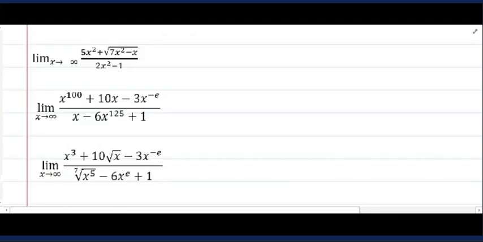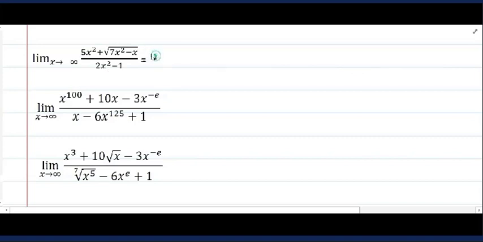For the formulas 8, 9 and 10, I have considered these three examples. When we have this limit, if I want to solve it without using the direct formula in number 10, I have to factor out the largest degree of x. So here I have to take out x^2, and here also x^2.